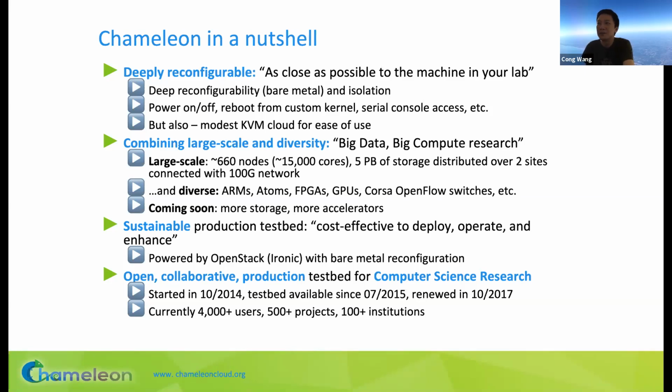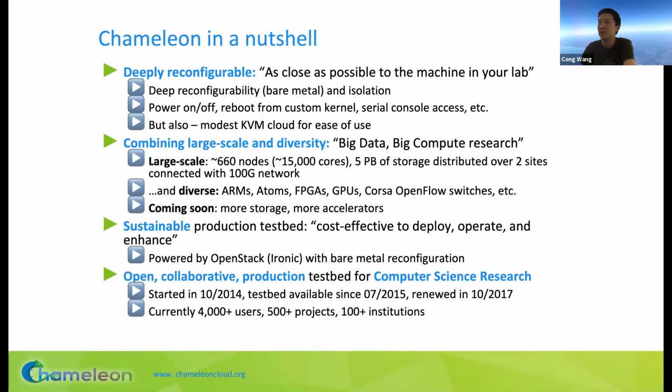For now, Chameleon has over 600 nodes, over 15,000 cores, and over 5 petabytes of storage distributed over 2 sites, connected via a 100 gigabits per second network link. Chameleon also provides diverse hardware like ARM CPUs, Atom, FPGAs, GPUs, and of course OpenFlow switches and many more.